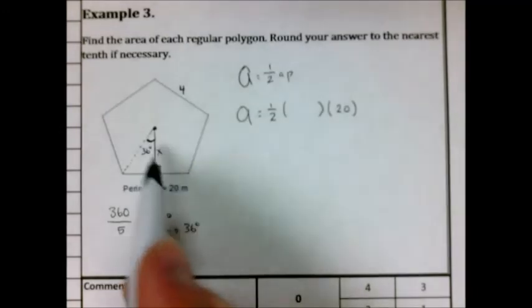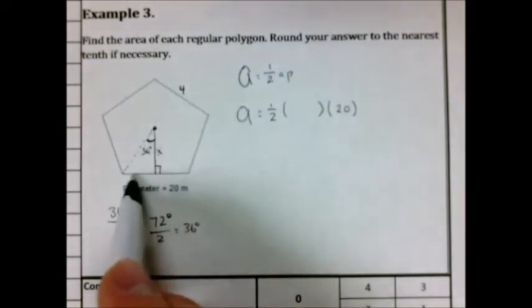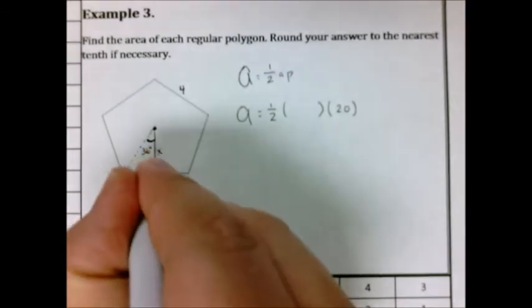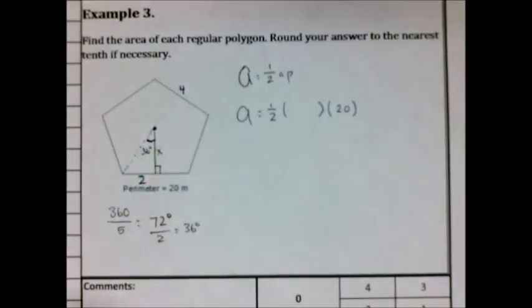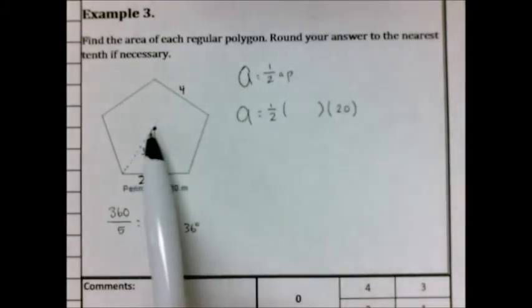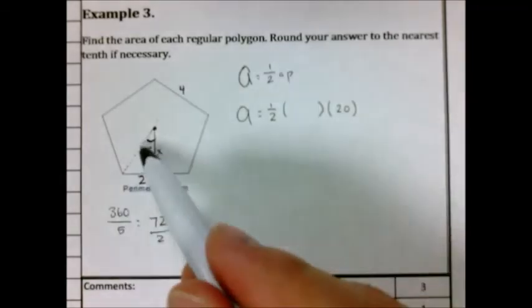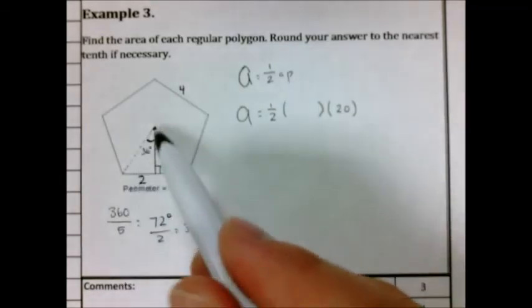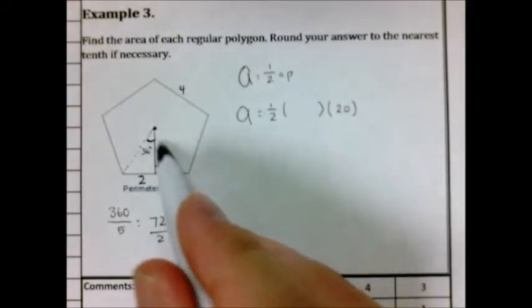Now here's what we do know. The apothem bisects the side length. That means this distance has to be 2, because this distance is also going to be 2, because the whole side length is 4. Now we have enough information to use that trig. We can use the opposite over adjacent to figure out the adjacent.